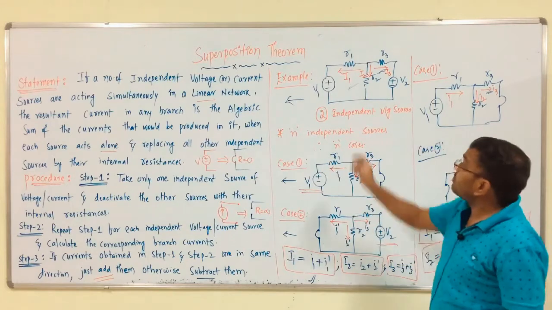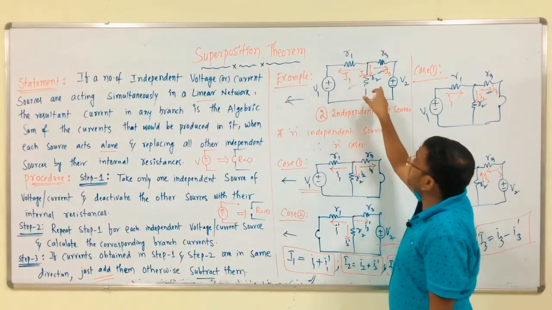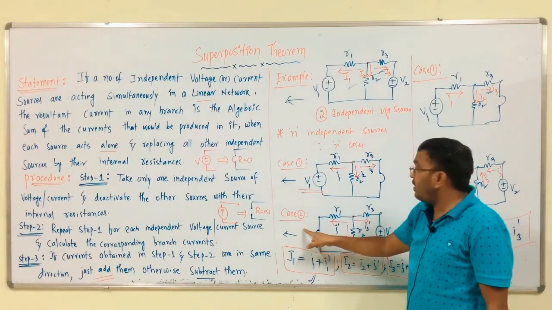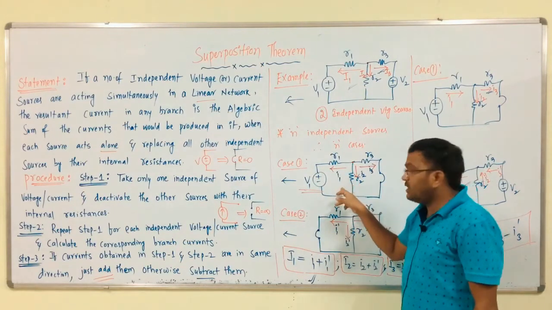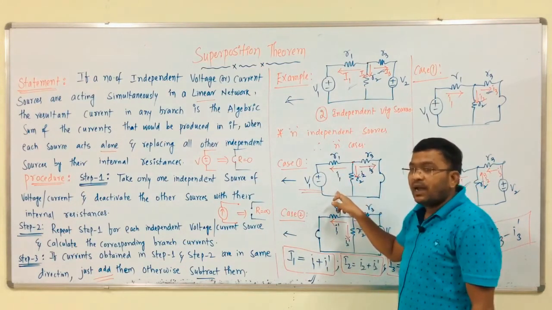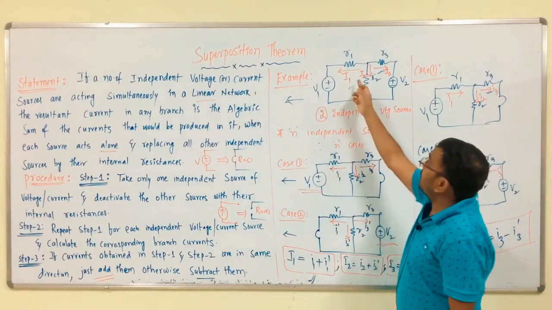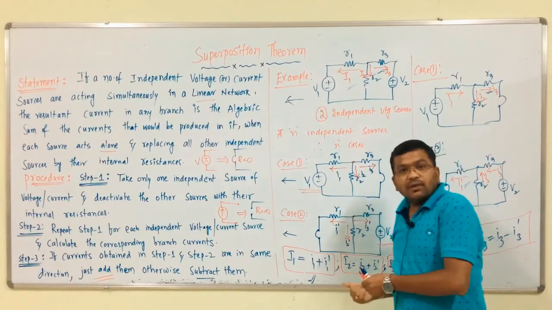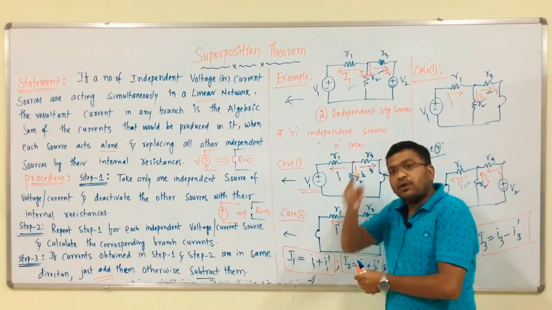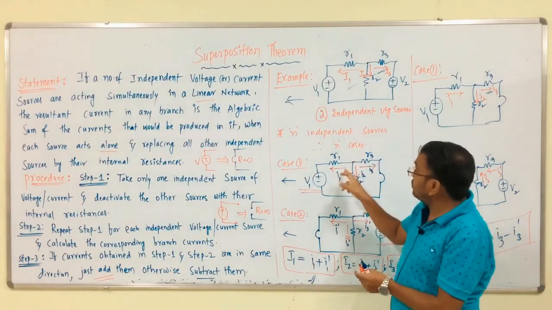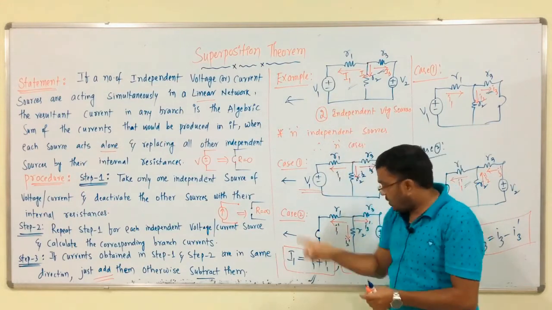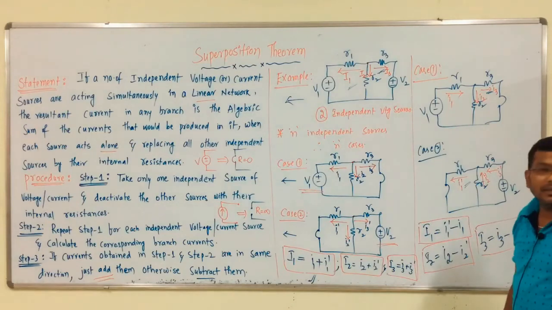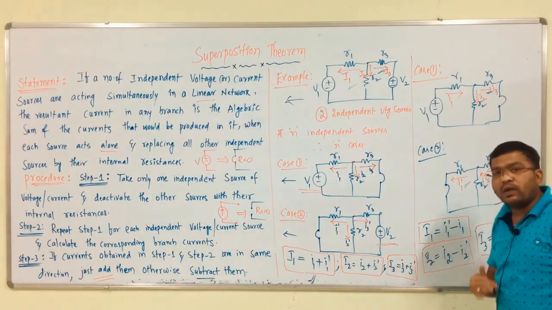So, means we have to get these branch currents by considering different cases, okay, and calculate the currents in each and every branch, and later we have to check whether the current direction is same or not in the assumed cases with respect to the main circuit. If those current directions are same, just add them, otherwise subtract them. Like this we have to calculate the problem.